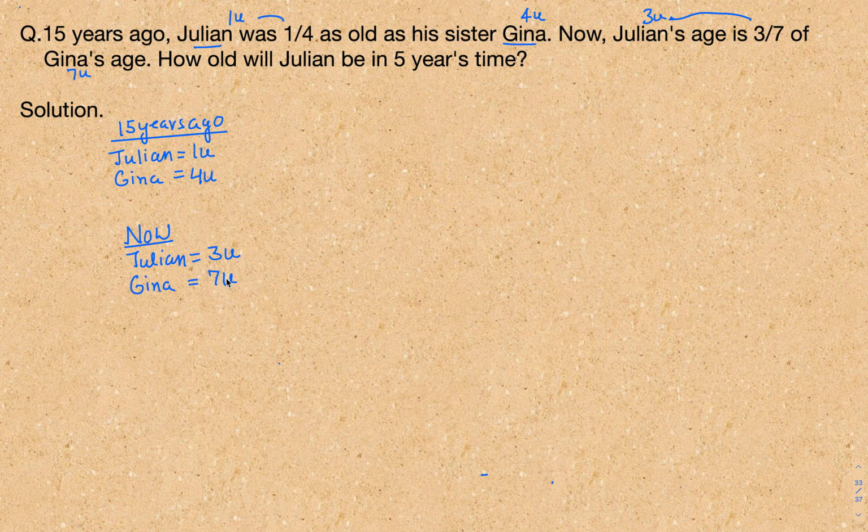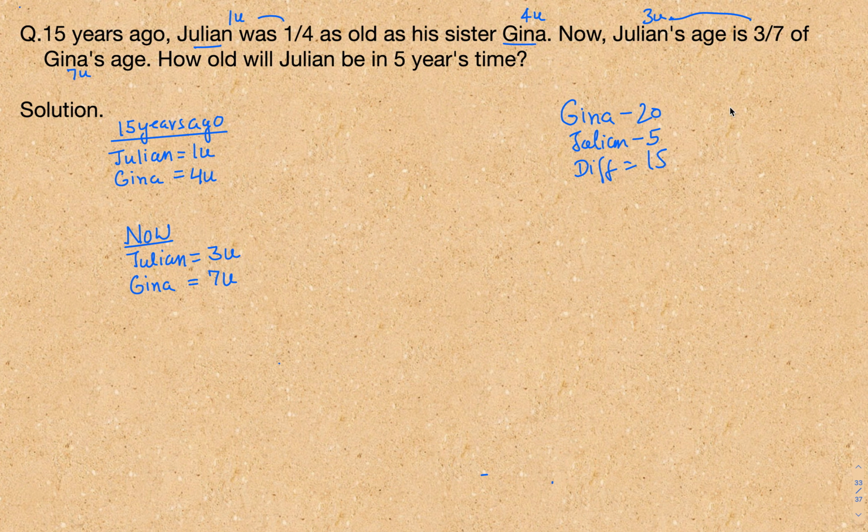Let's say if Gina is 20 years old now, her brother Julian is only 1/4 of her, so he will be only 5 years old. So what's the difference in their age? Their difference is 15.